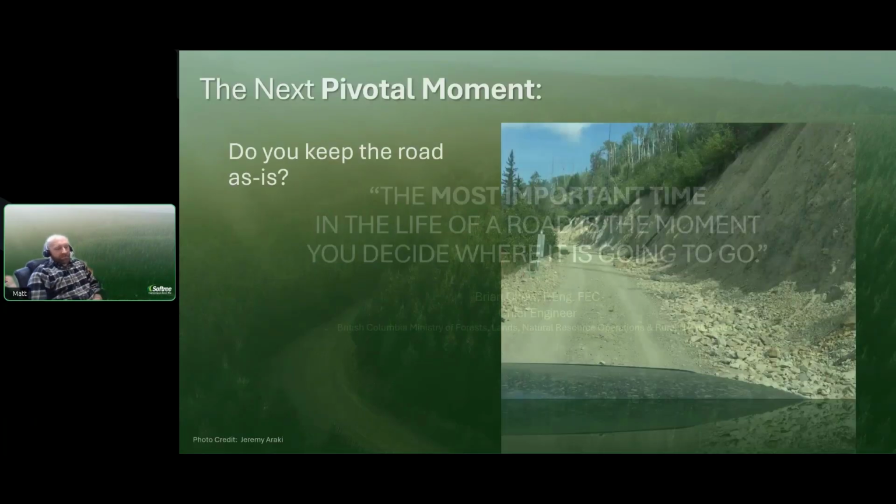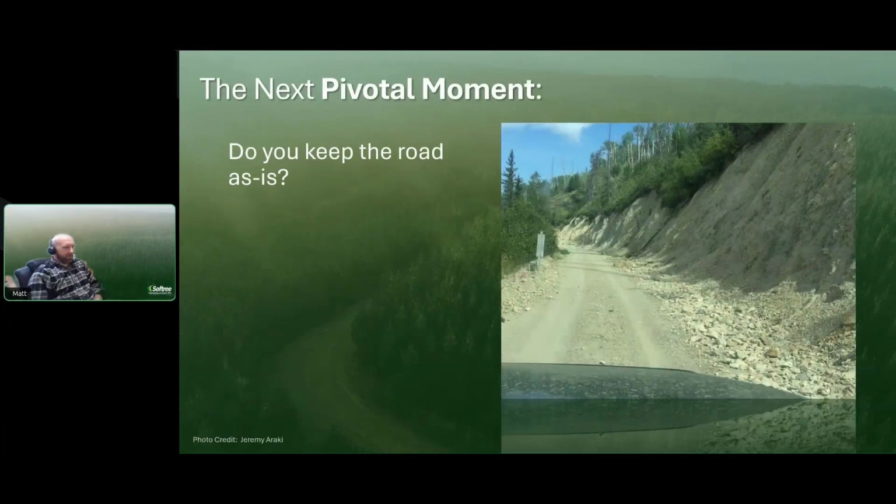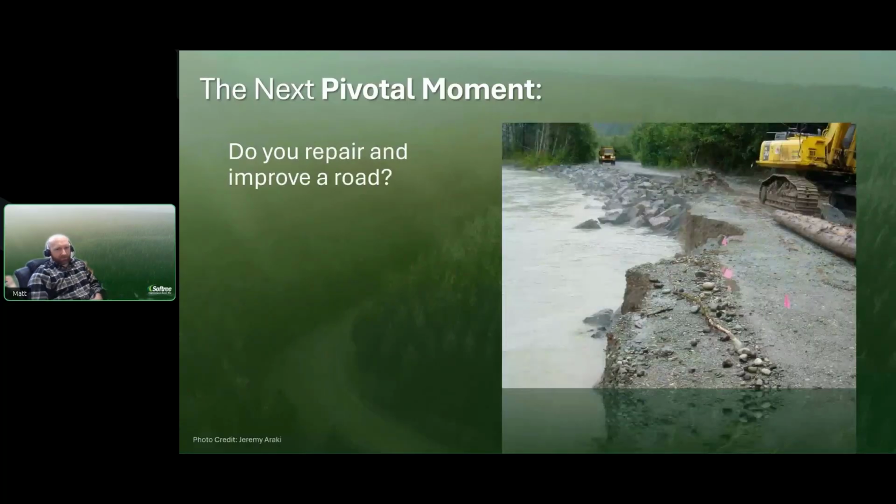That's not to say that you're stuck with what was built as it was built. If you are managing an existing road network, one option is keeping something as is, and it can be the right option. Another option is improving it, and that could be done proactively, or it could be done as a repair. In the image here, we're not moving the road at all, and it's being done retroactively, but the road's getting washed out, so we're adding armor to make it more resilient.